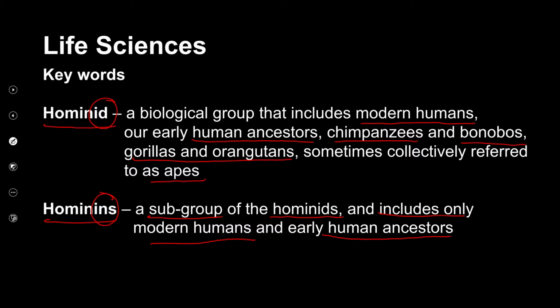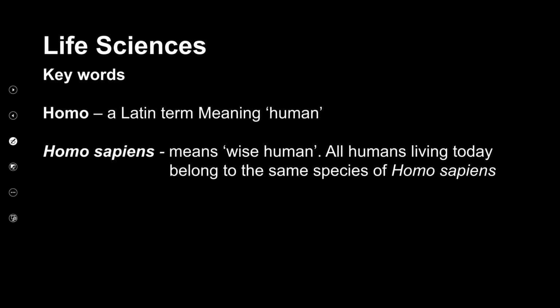So when we include apes in the group, we have to use the word hominid. When we exclude apes from the group, we can use the term hominins. Homo is the genus that humans belong to, a Latin term that means human.